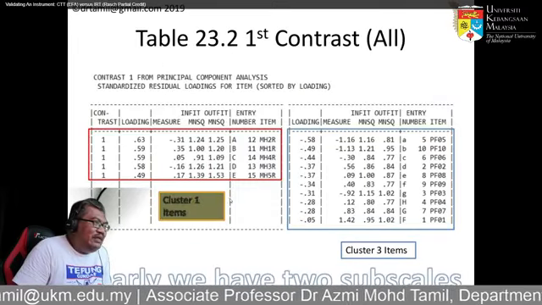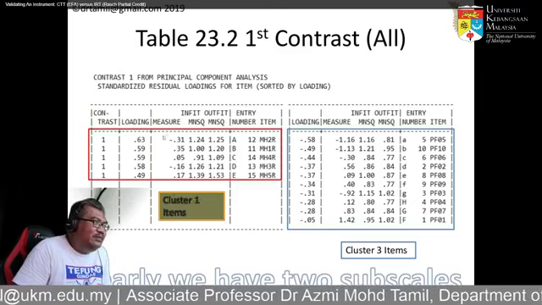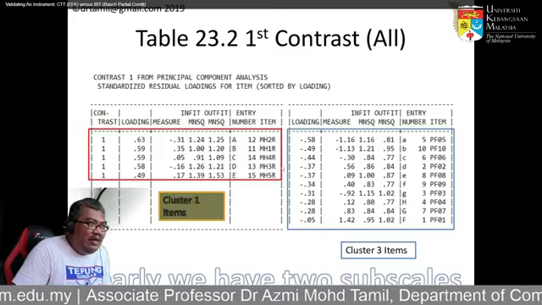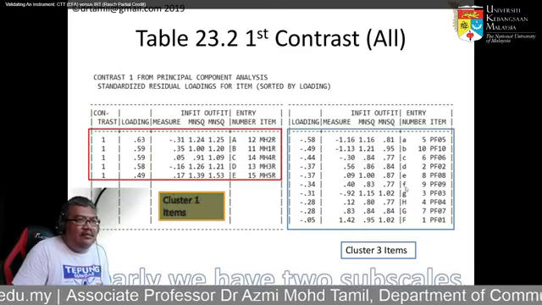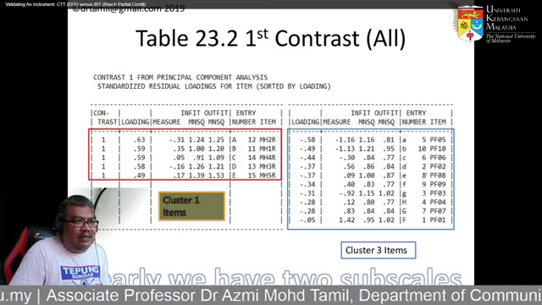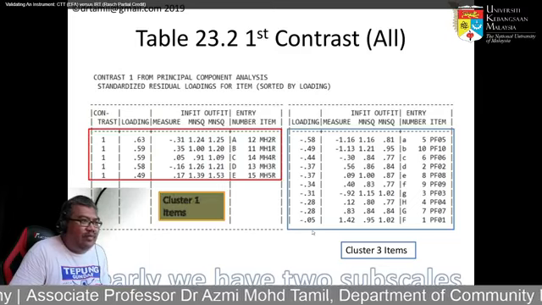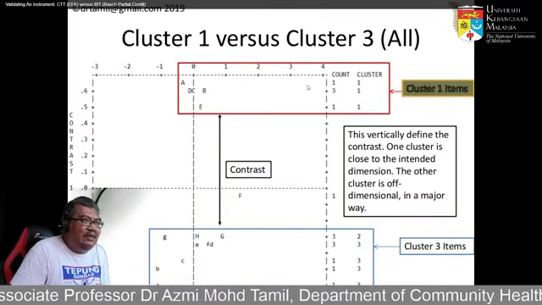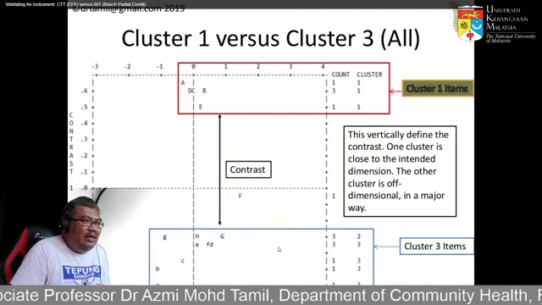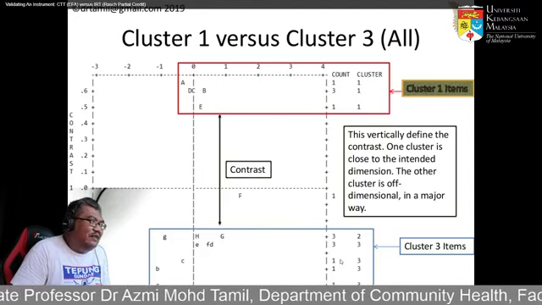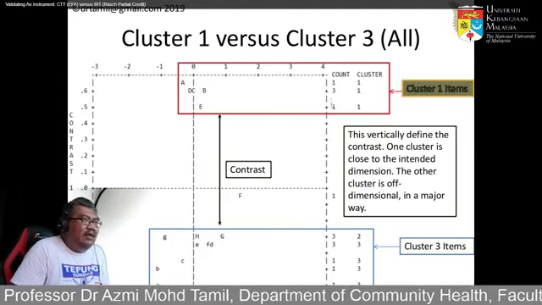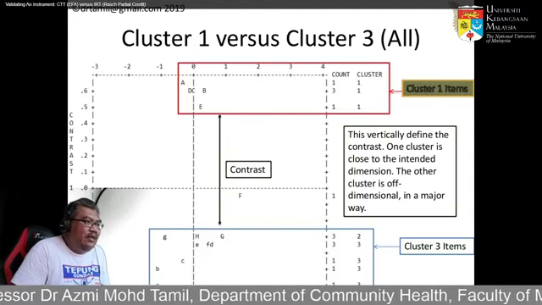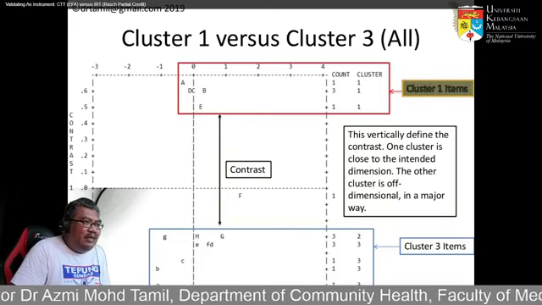Here you can see these are the cluster 1 items, the 5 questions, and they are all questions of mental health. For cluster 3, they are all questions of physical function. So cluster 1 is mental health, cluster 3 is physical function. They are on separate dimensions. They are measuring separate things.